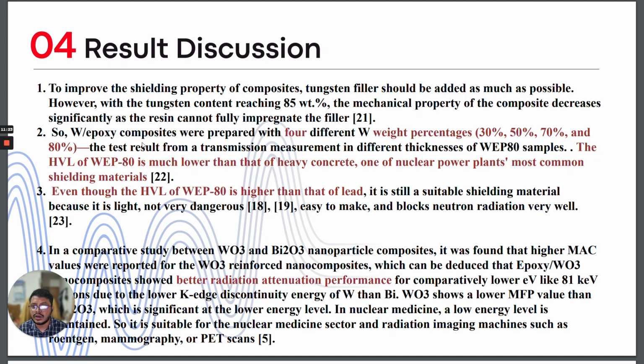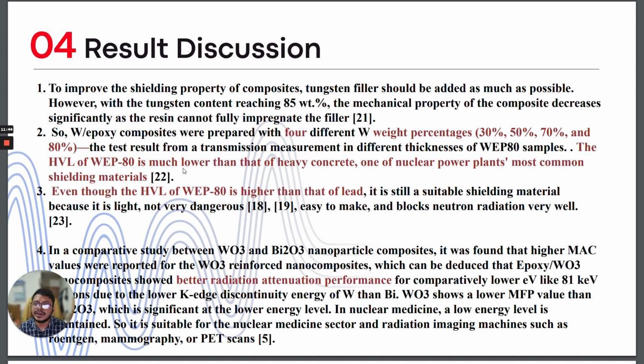So, tungsten epoxy composites were prepared with 4 different weight percentages: 30%, 50%, 70%, and 80%. The test result is from a transmission measurement at different thicknesses of the WEP80 sample.